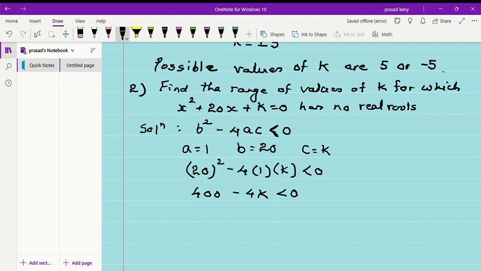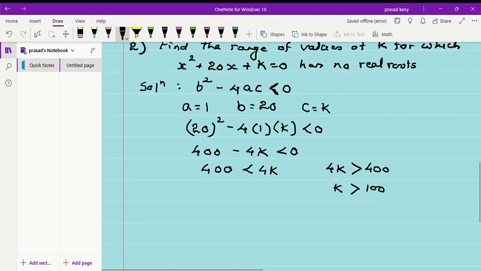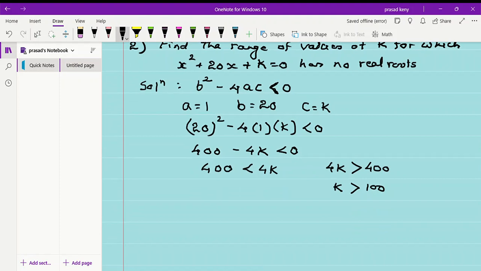This is an inequality. So how will you solve it? Just like the equations. So 400 get minus 4k on the other side, that is 4k, which I can also write as 4k is greater than 400. So if I divide by 4, k is greater than 100, and which means for any value of k that is greater than 100, the quadratic equation will have no real roots.